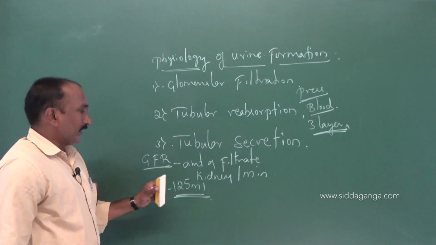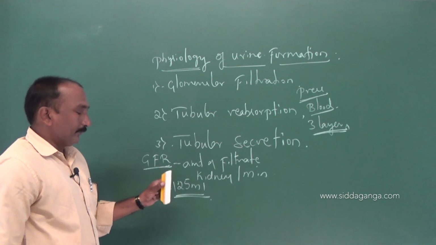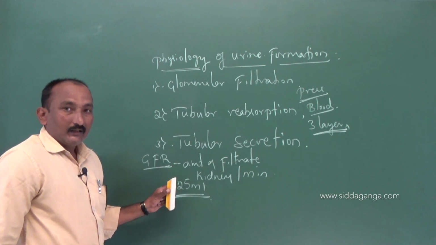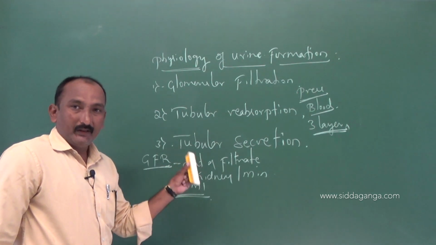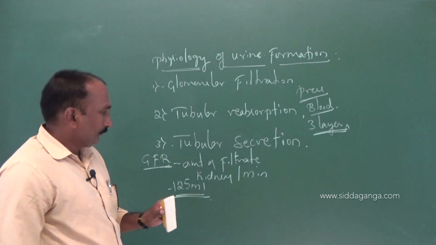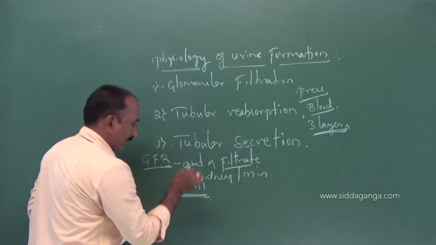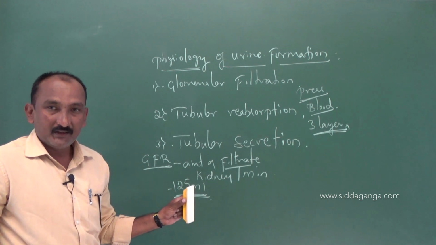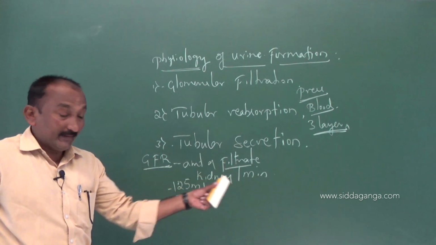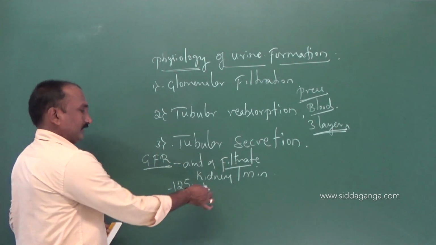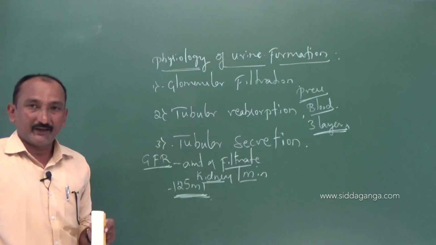Each kidney can filter around one fifth of the blood volume to form the filtrate, that is around 125 ml. So the blood is filtered to form the filtrate, and the filtrate formed by the kidney per minute is 125 ml.